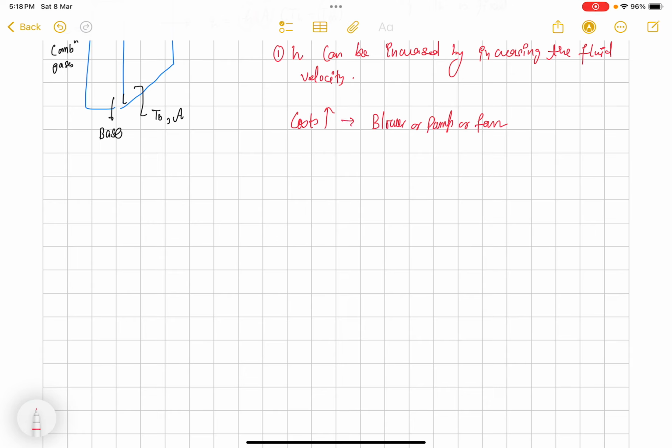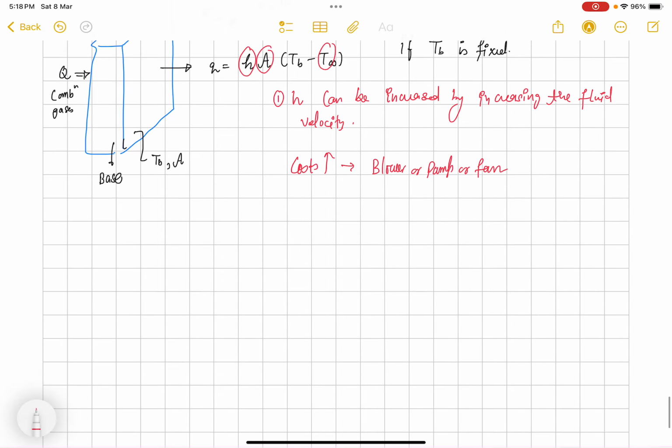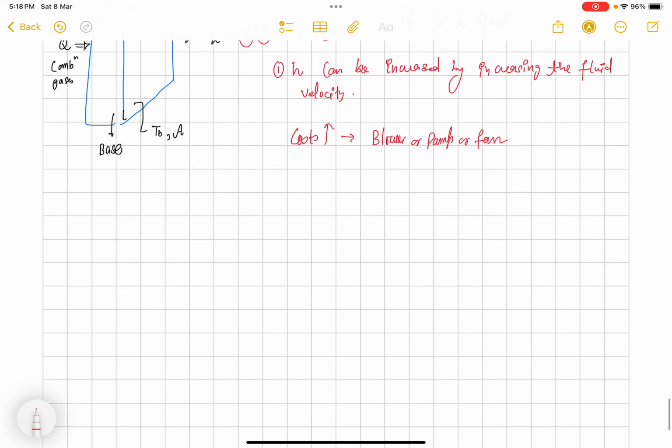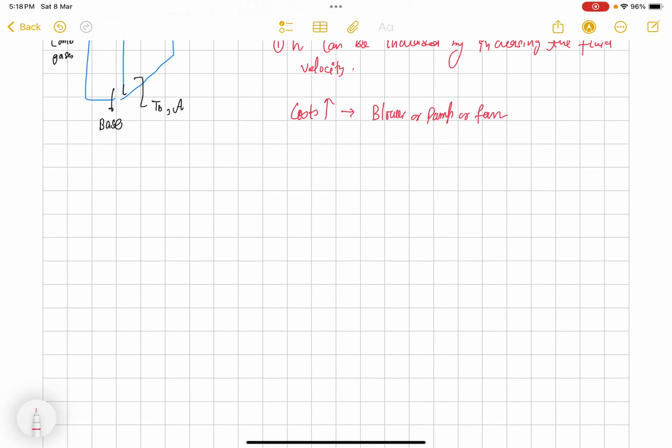These are the reasons that we may not go for increasing h all the time, because a blower, fan, or pump requirement will be there, and it will incur some cost to increase the heat transfer.